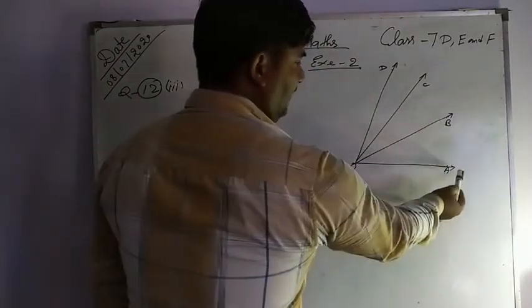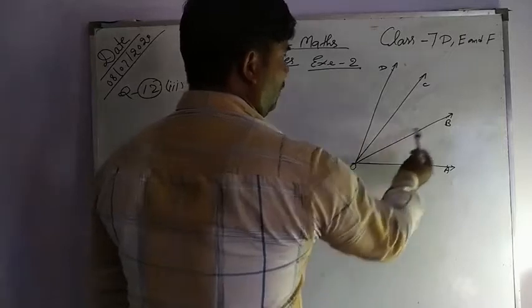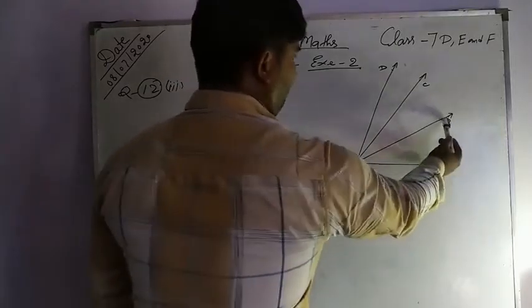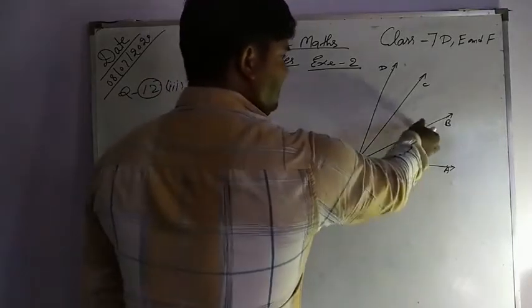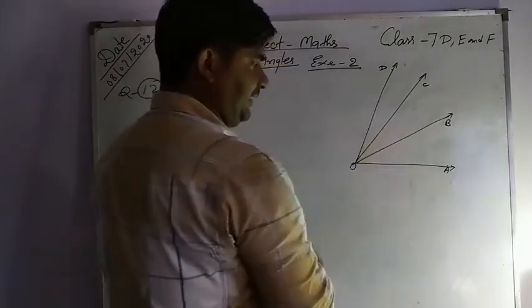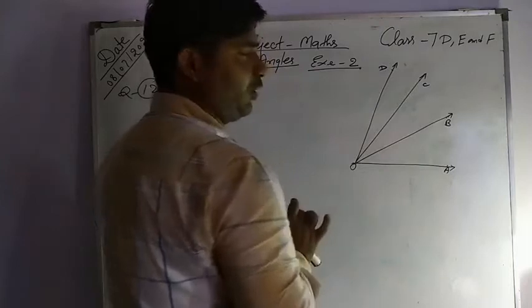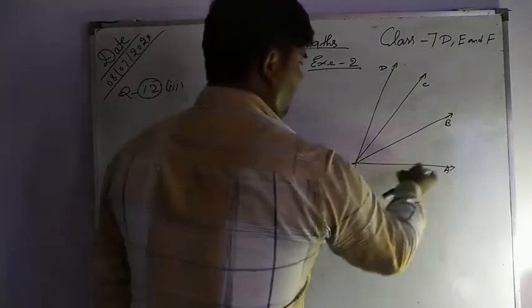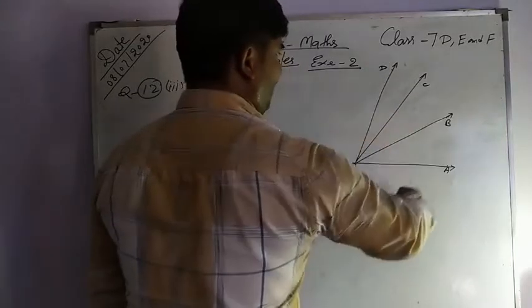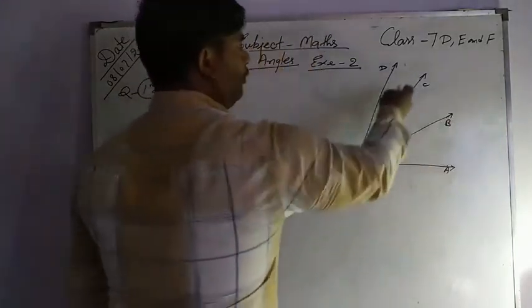If we look at angle AOB and angle BOC, then you find this OB is the common side and O is the common vertex. So angle AOB is adjacent to angle BOC.